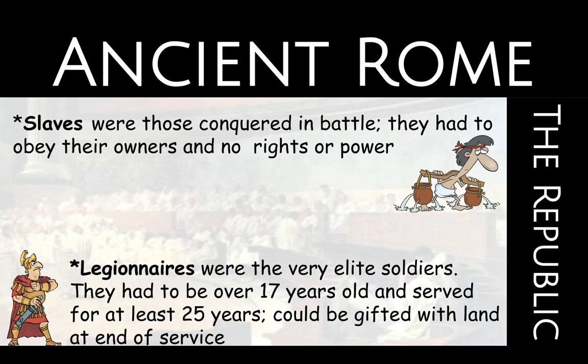Slaves were usually conquered in battle and brought back to the Republic. They had no rights, they had no power, they were under the control of their owners at all times.